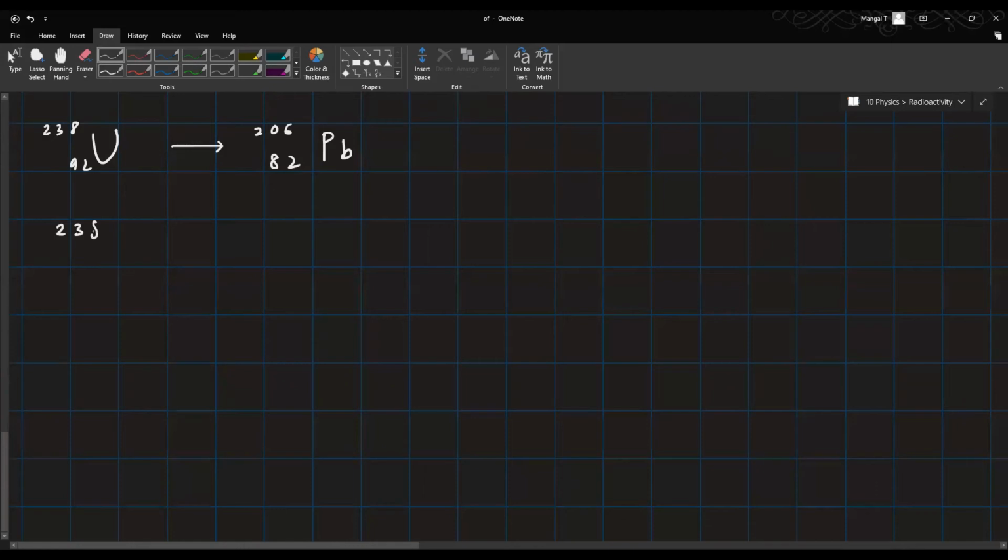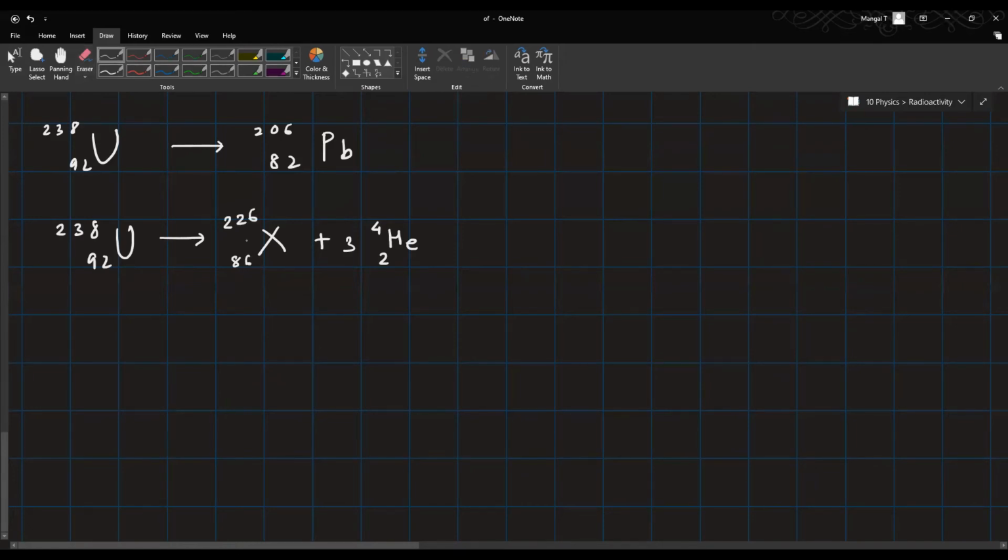This is 238 and 92. When one alpha particle is given out, this is going to become 234 and 90. When two alpha particles are given out, this will become 230 and 88. Are you following that? When three alpha particles are given out, that will be 226 and 86.